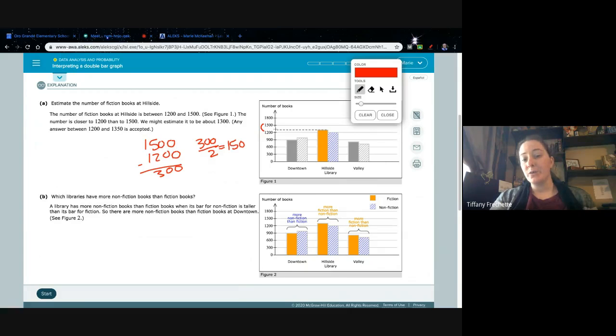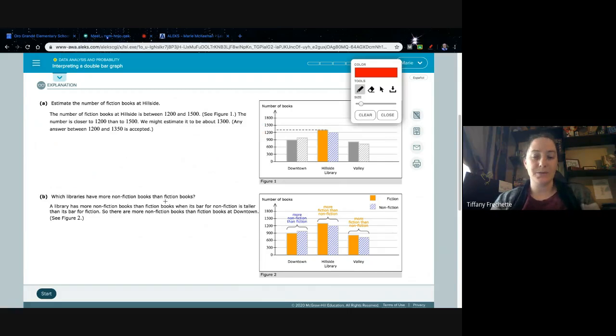So 150 would be the halfway mark, and it looks close to the halfway mark, but not quite there. So we can round it all the way down to 1,200. That's an okay estimate. Or I can round it up to the halfway mark by adding 150 books, because that would be the halfway mark. So that's where they get the 1,350. If you went above the halfway mark, then you're estimating too much because it's not close to the halfway mark. So they're just saying, make sure you're paying attention, and we want it to be close.